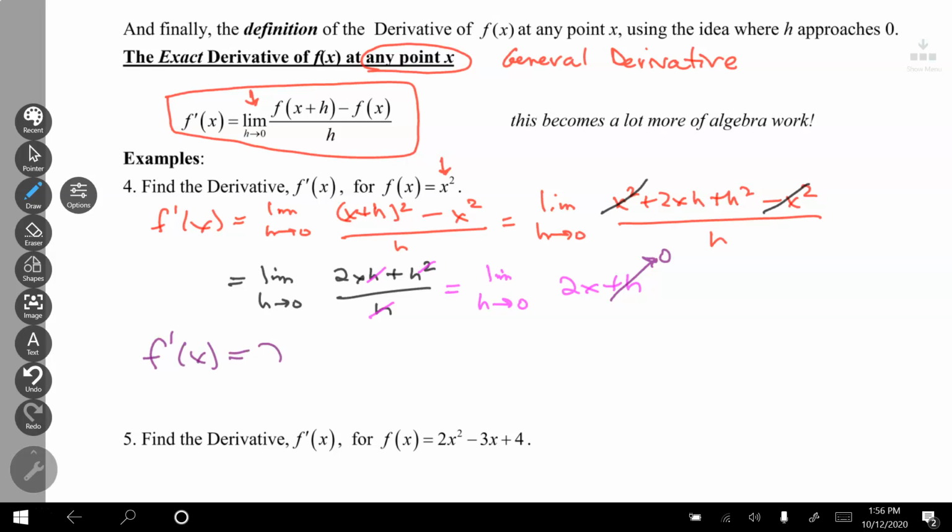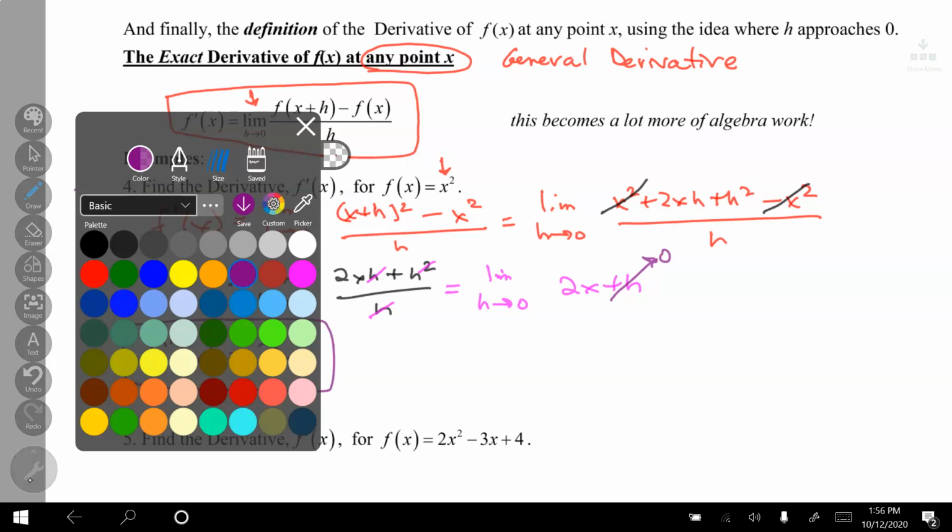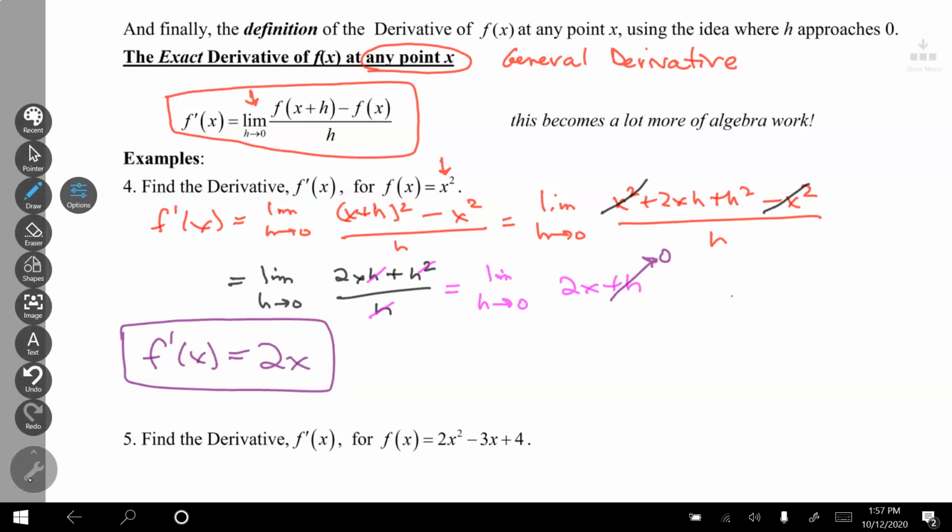I want to see notation. Don't tell me 2x. It's f prime of x is equal to 2x. On the previous page, don't tell me 7. Tell me f prime of 5 is equal to 7. I want to see the good notation. I will take off points for bad notation. This is the derivative at any point. So again, here's my graph of x squared.